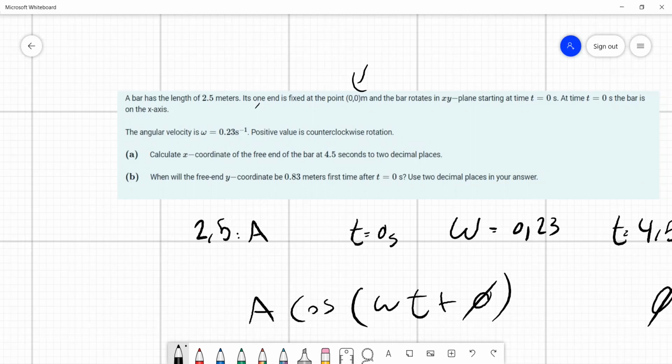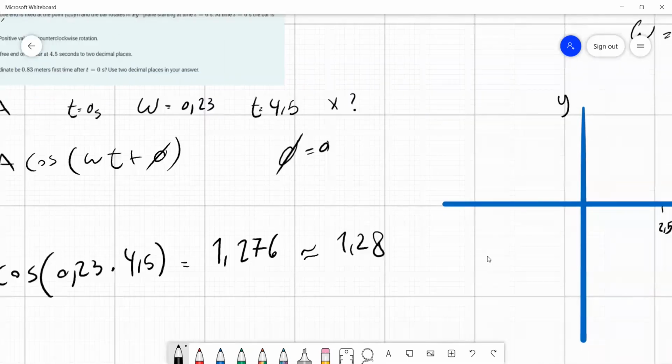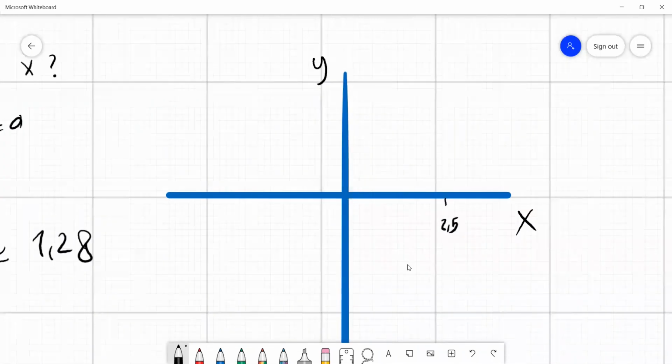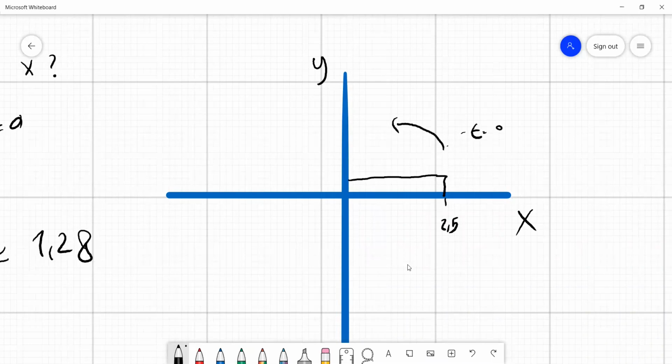So the second part is now switching. It's saying that, hey, when will the free end be at 0.83 meters on the y coordinates after t equals 0? So what this second part is asking is, if we have our bar again over here, the bar at t equals 0 starts rotating towards here.